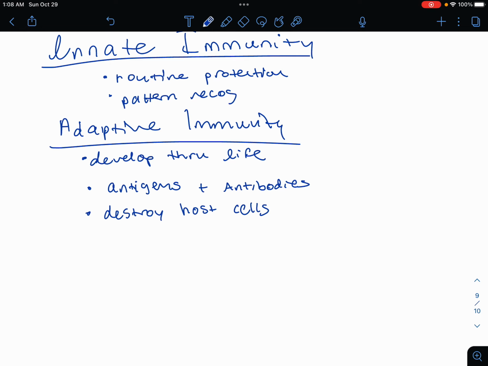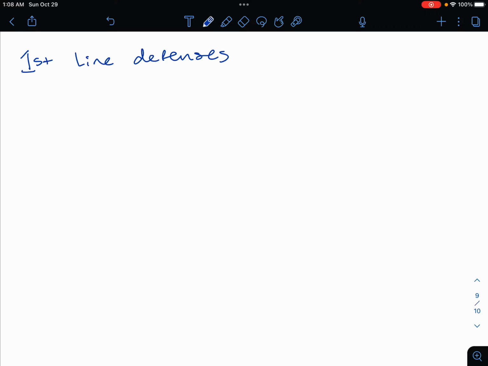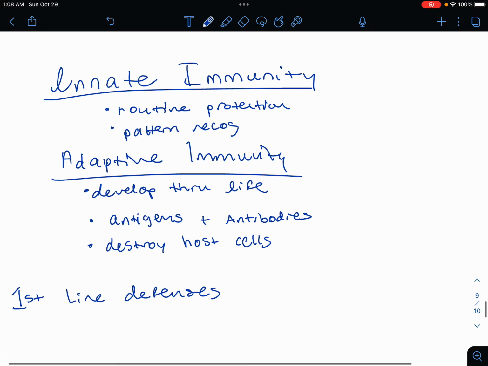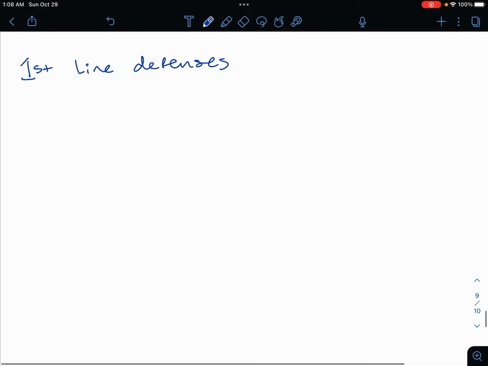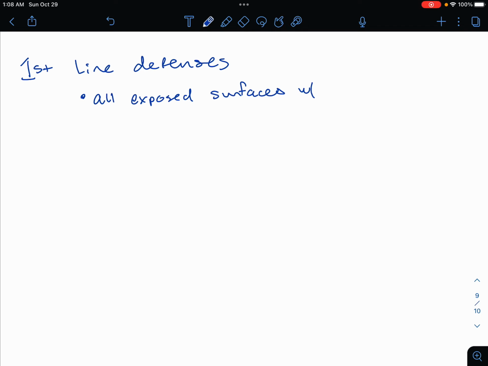Alright, let's go into innate immunity with our first line defenses. Again, this is going to be about innate immunity, so that's just going to be routine protection. We're going to have these first line defenses of all exposed surfaces that are lined with epithelium.